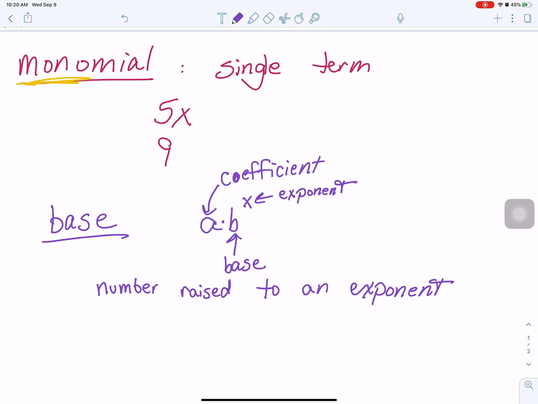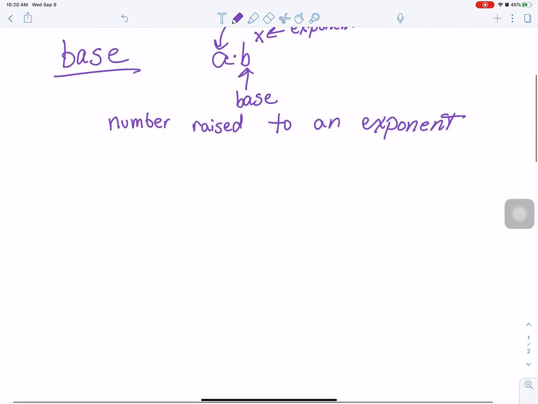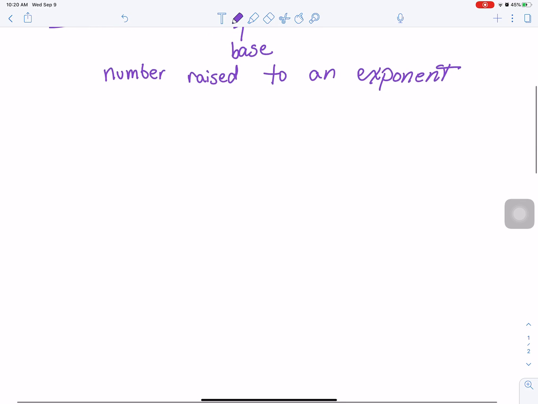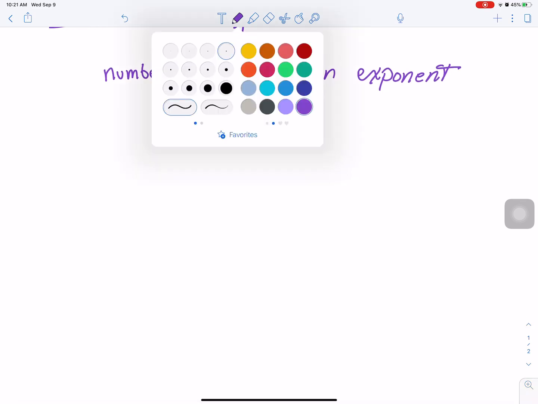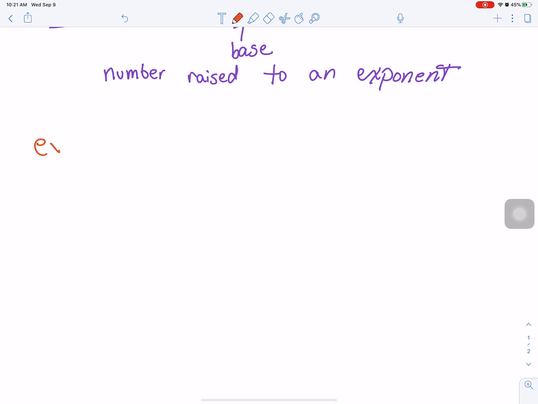Our next word is going to be exponent. Exponent tells us how many times to multiply the base by itself.